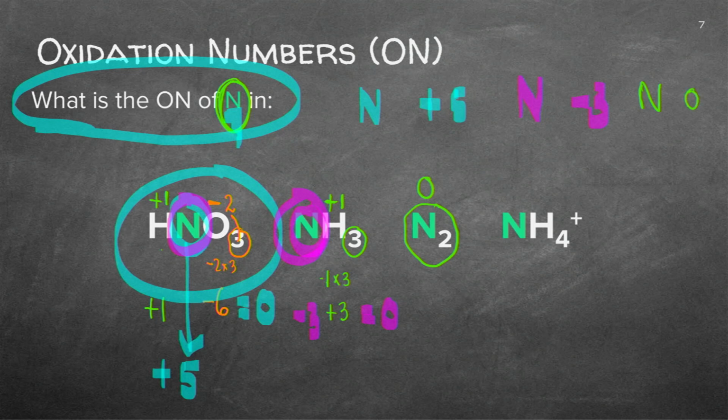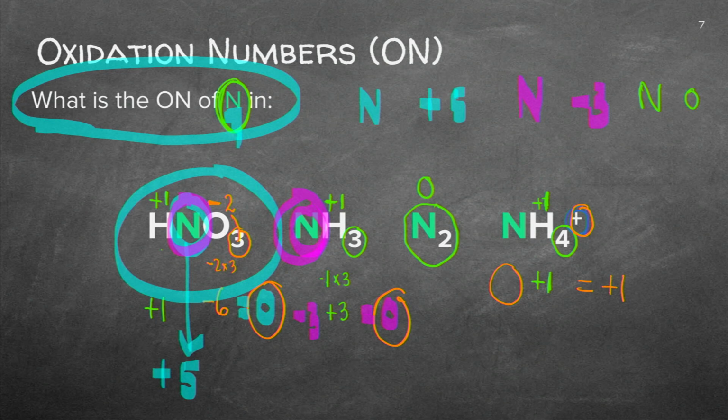Let's have a look at this ion. Now remember, this has got a charge. So I have here hydrogen +1, I've got 4 of them, +1. I've got nitrogen here, but I know the charge where here I had it as neutral. This now needs to be a +1 charge.